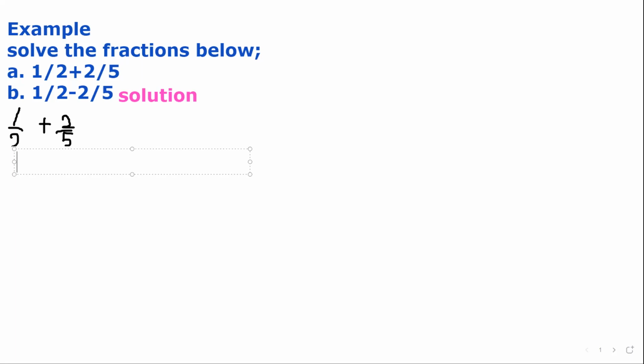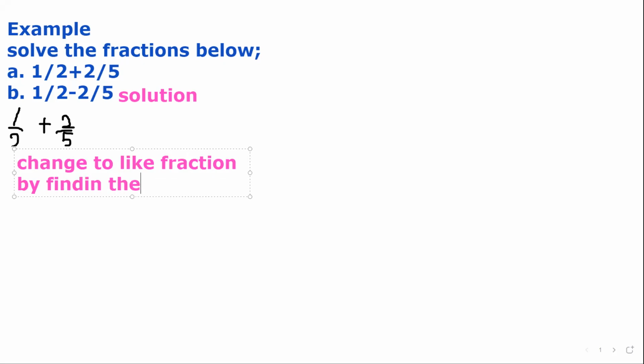So you write: change to like fractions by finding the LCD or LCM of the denominators, because we want to change the denominators. So you find the LCM of 2 and 5.